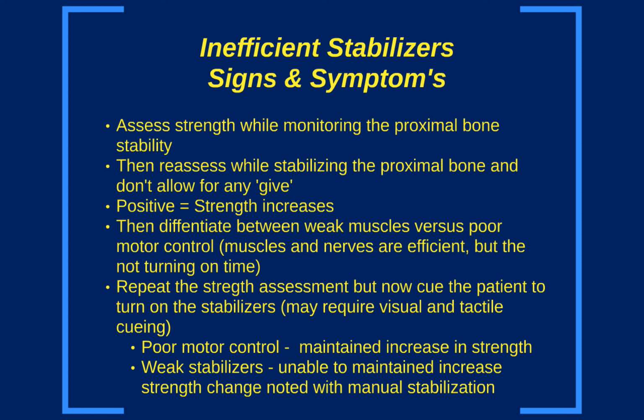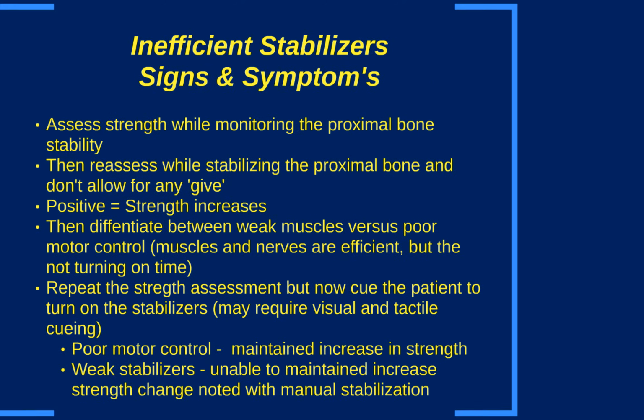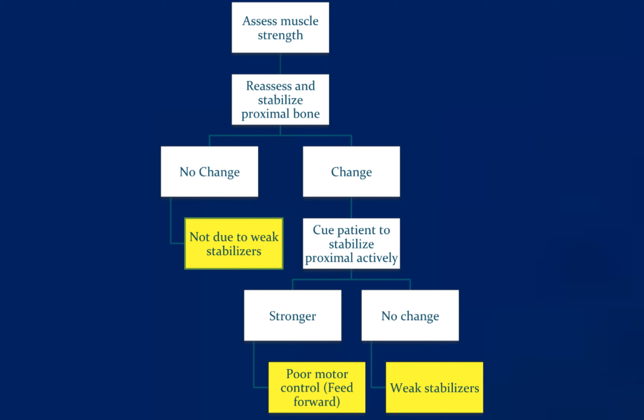However, if they're unable to do that, we can surmise that it's weak stabilizers that is limiting their ability to perform the muscle activity. Now this information can be broken down in much more detail with Dr. Uparadorn's information, but this is a quick summary of this assessment.